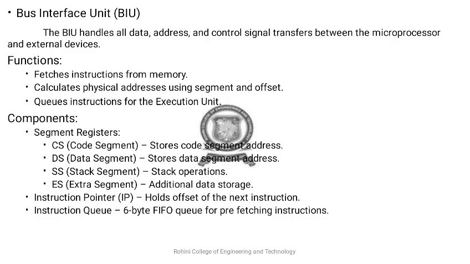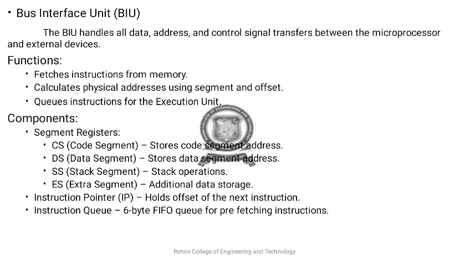Bus interface unit. The bus interface unit handles all data, address and control signal transfers between the microprocessor and external devices. Functions: fetches instructions from memory, calculates physical addresses using segment and offset, queues instructions for the execution unit.